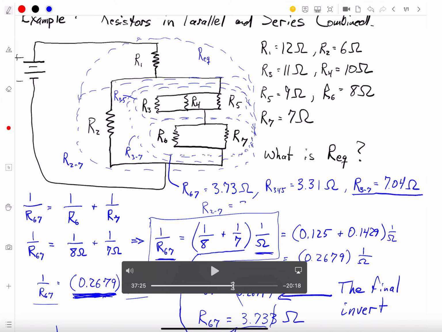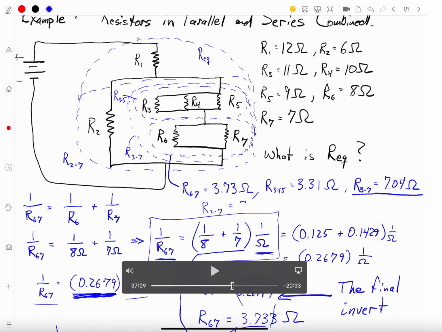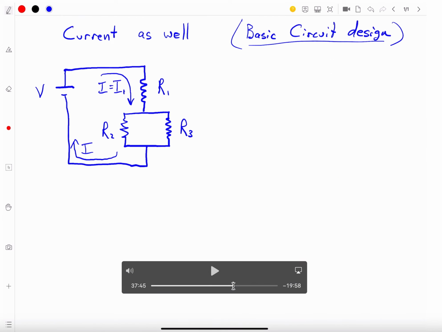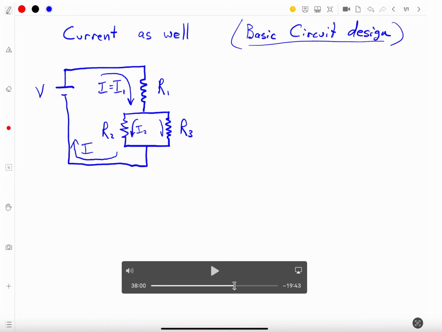And so 15.24 should be the final resistance on that. And I'm not sure why that isn't written down before we move on to this next little bit. That's kind of crazy. Okay, so I keep bouncing back.